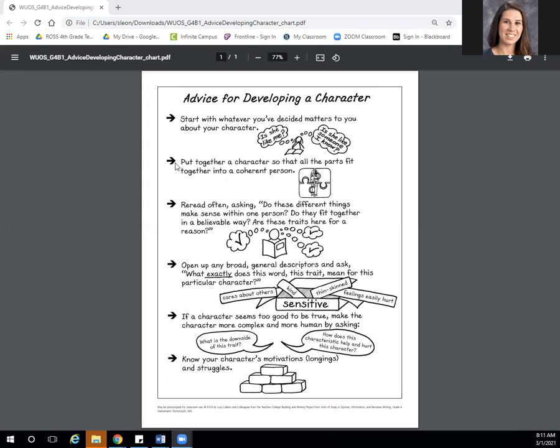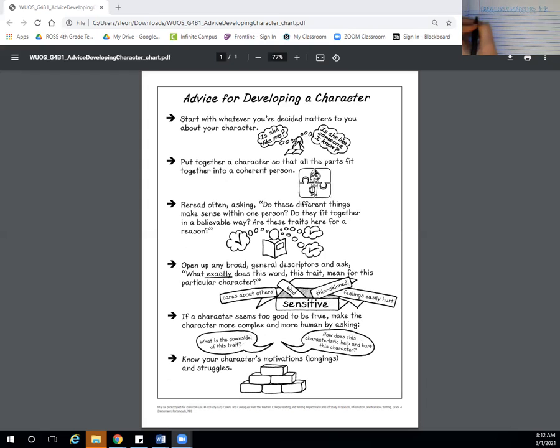So again, I'm going to go ahead and open my writing notebook. And I have this page here where I talk about creating characters. And I'm going to create a number of different characters, not just one, because I'm going to have to decide what characters I feel like fit with this seed idea.